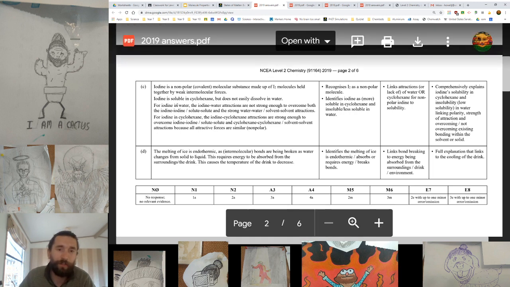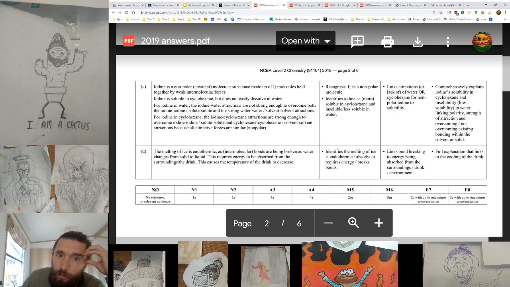If we put the iodine in water, the iodine is non-polar. It hasn't got a positive or a negative end, so it's not going to be very attracted to the water. So basically, the water is more attracted to other water than it is to iodine, so it's not going to dissolve the iodine.